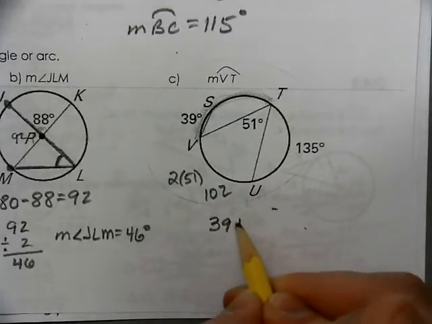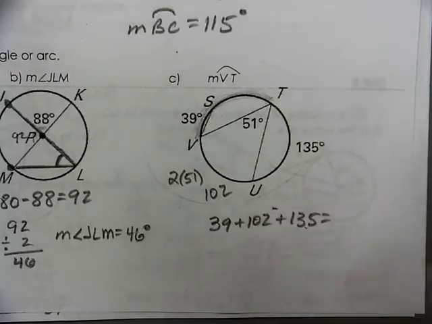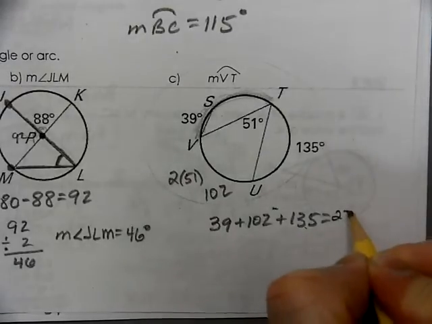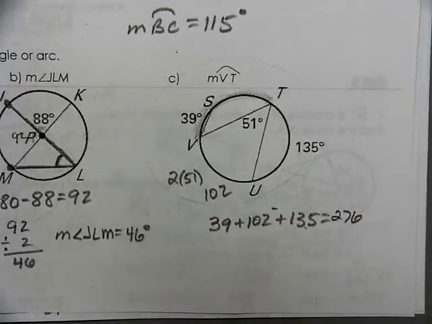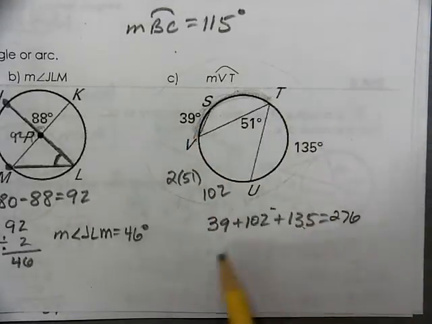So 39 plus 102 plus 135 adds up to 276. And that's everything but this little piece.